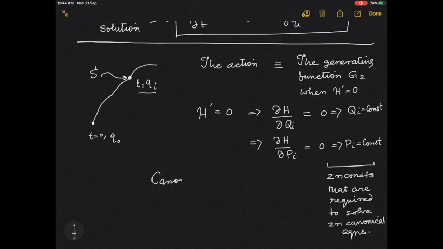Now, you realize the following thing. The canonical transformations are reversible.